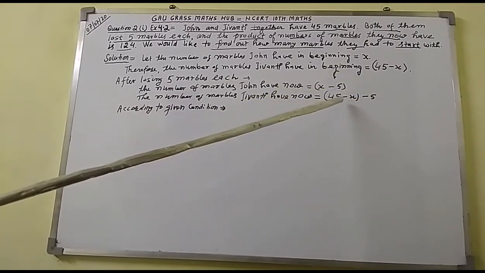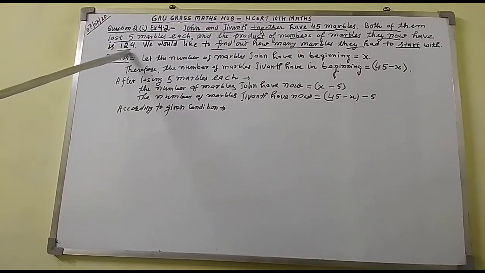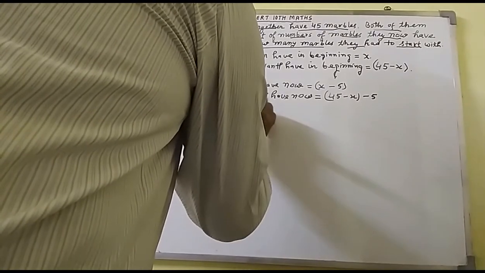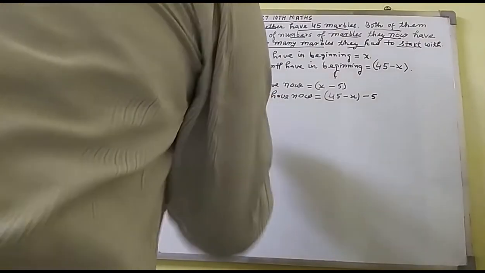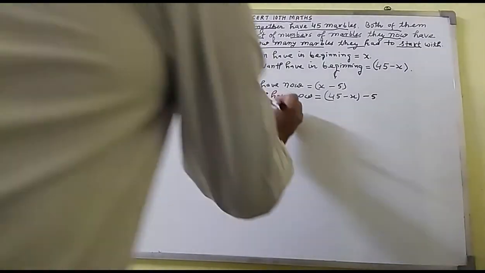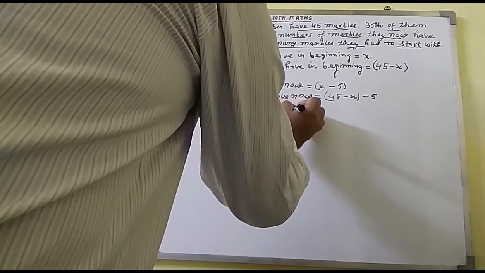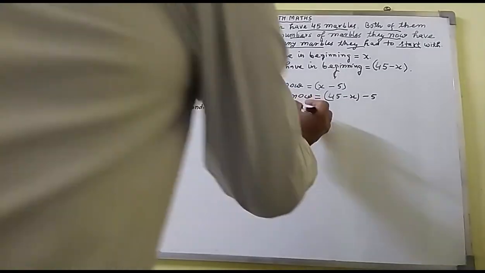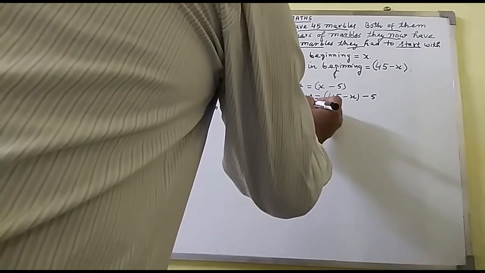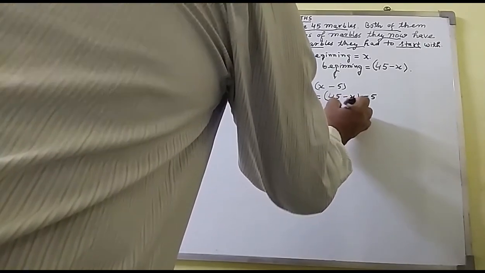Both will be multiplied together. You get the value equal to 124. Therefore, x minus 5 multiplied by the bracket 45 minus x, minus 5, equal to 124.